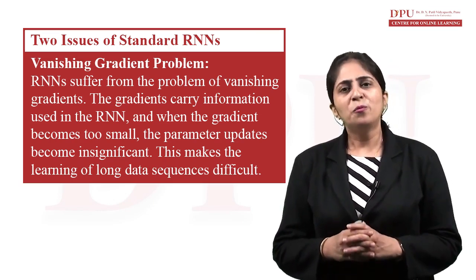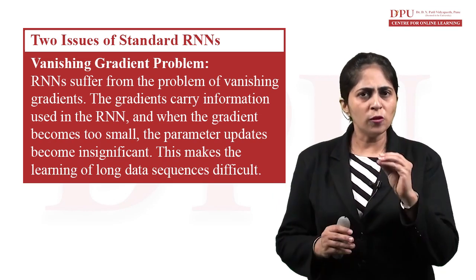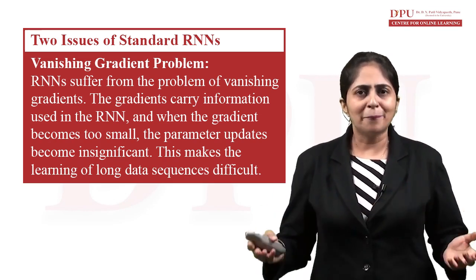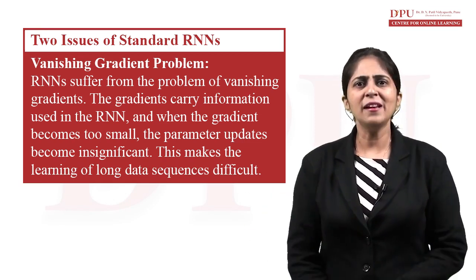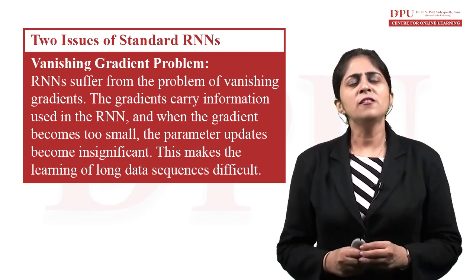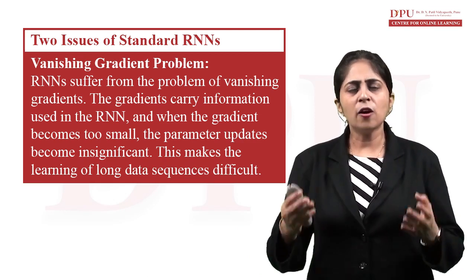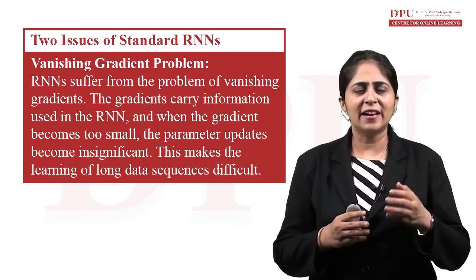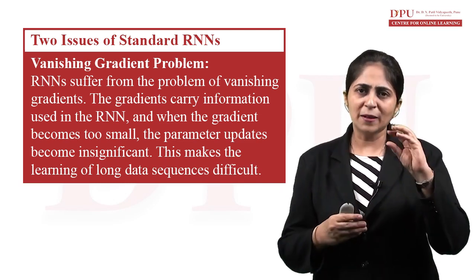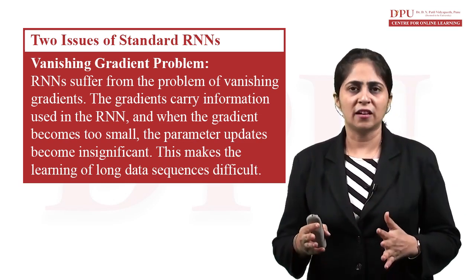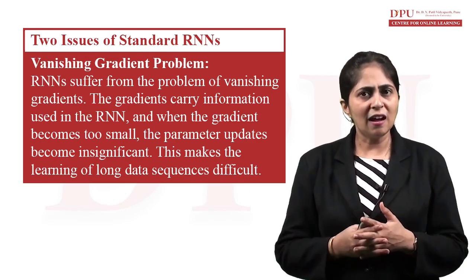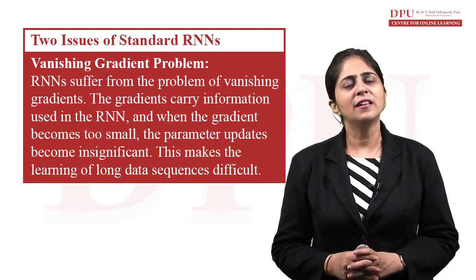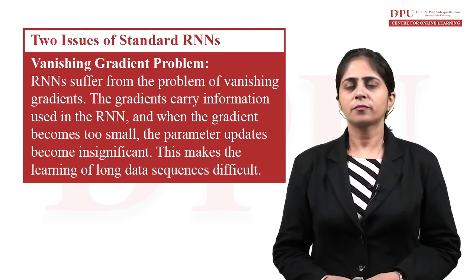That means when our gradient becomes too small, the parameter updates that we are making become insignificant, and this will make the learning of long data sequences difficult. This is called vanishing gradient. That means the gradient is becoming too small, it is vanishing. It will not affect the inputs further. So that is one issue that we have in our recurrent neural networks.